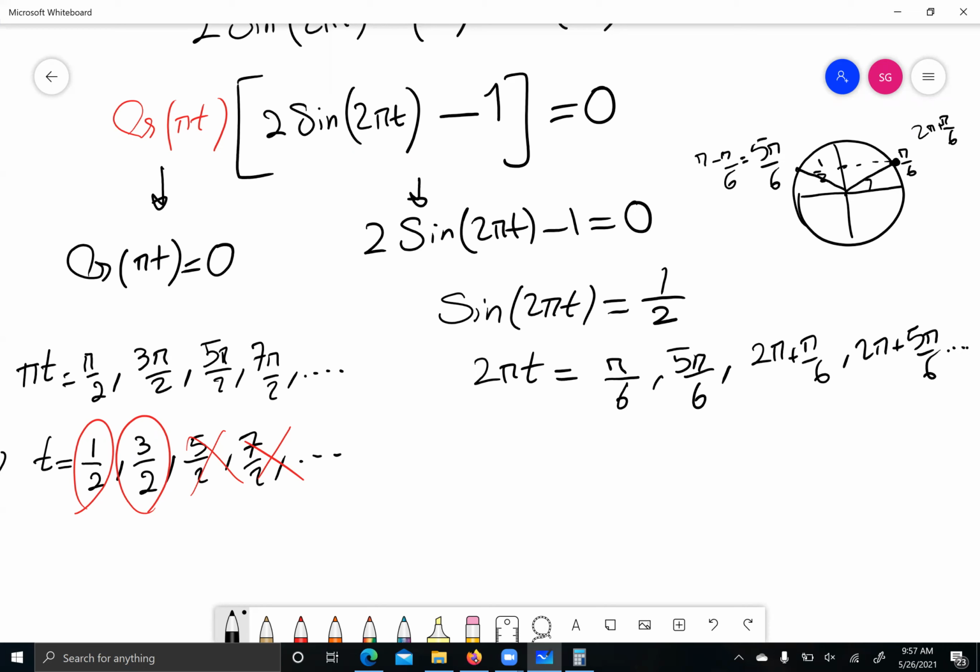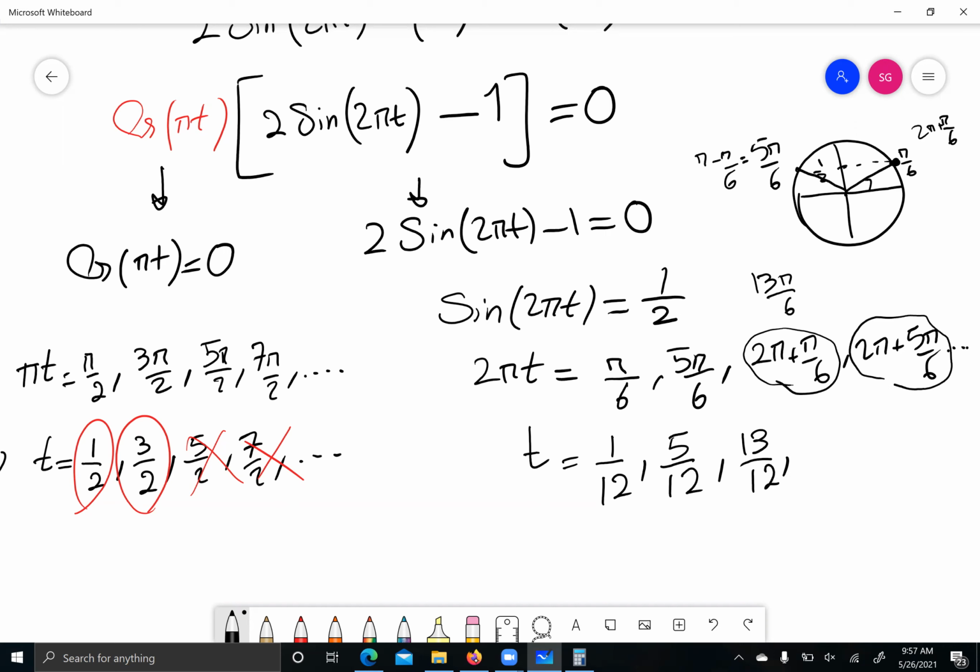So when we divide both sides by 2 pi, we get the value of t. So it's going to be 1 over 12, 5 over 12. Let me simplify this. This is going to be 13 pi over 6, so 13 over 12.